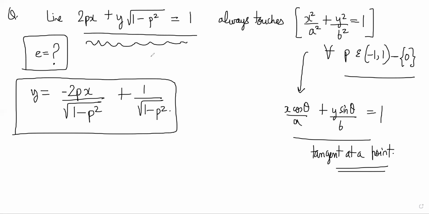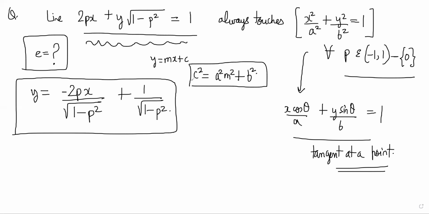You should say when is y is equal to mx plus c always tangent to this ellipse, when c square should be equal to a square m square plus b square. Yeah, this was the condition. If you solve this line with this ellipse, your discriminant should be 0. So m is known, c is known. You just have to put the condition.